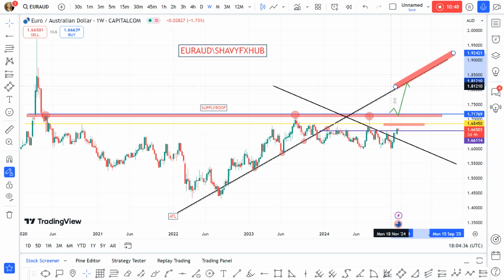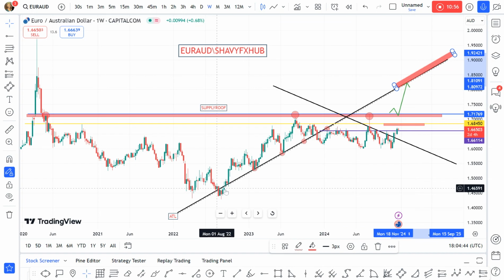I will explain it. We have here a bullish rally from August after a break of structure, a break of a supply roof, demand one, demand two, demand three, demand four, a break of a demand floor, price returned on retest one, retest two, and finally sold off. So if we return here, that would be a good day to continue to sell after a breakout from our ascending trend line.